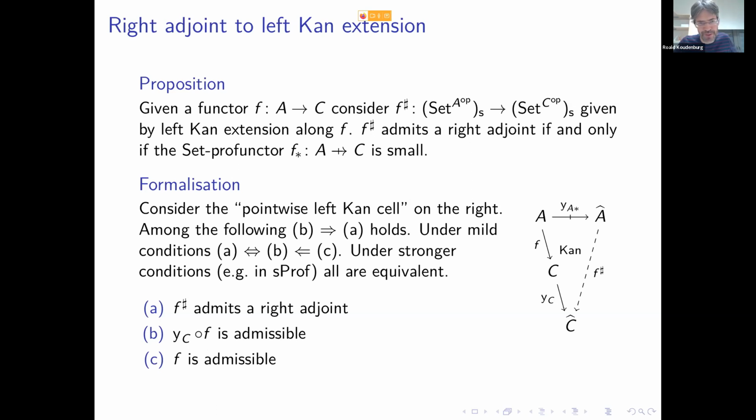So this is the first small formal result that involves the notion of smallness, that is admissibility, and the interesting thing is that we can also obtain admissibility, not only use it.